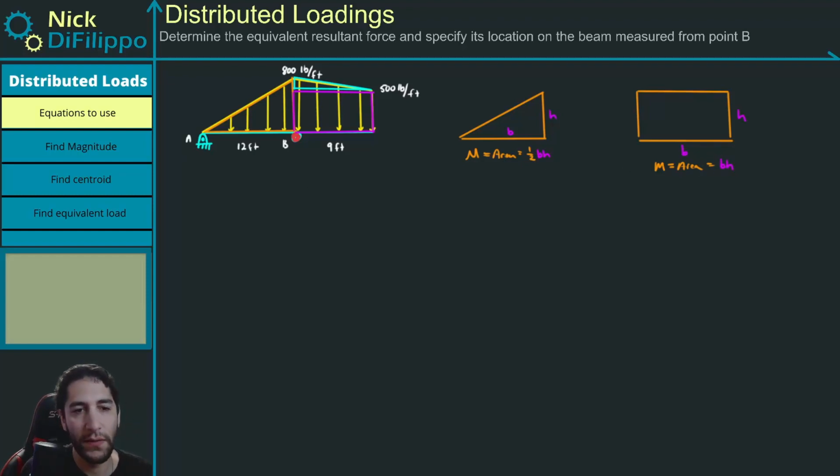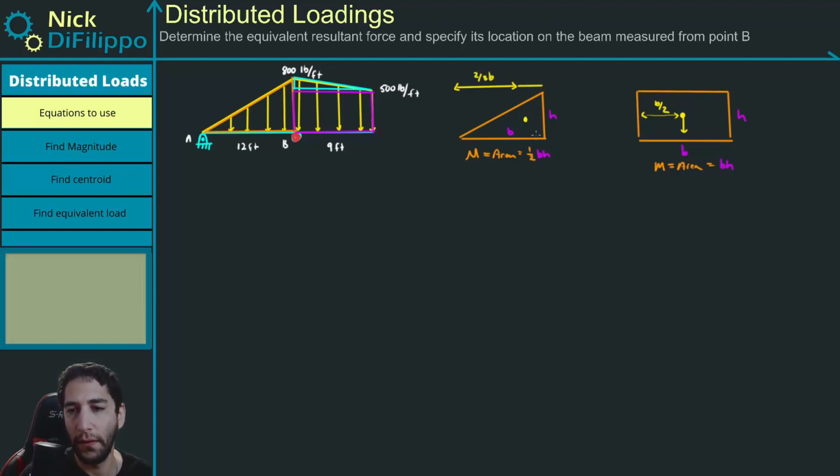All right, so now where does the centroid occur? Well, on this rectangle, it's going to occur halfway along the base, so it's going to be b over 2. So that's where a force would occur. Now, on a triangle, it's a little bit more difficult. From the short side, it's going to occur 2/3 of the base.